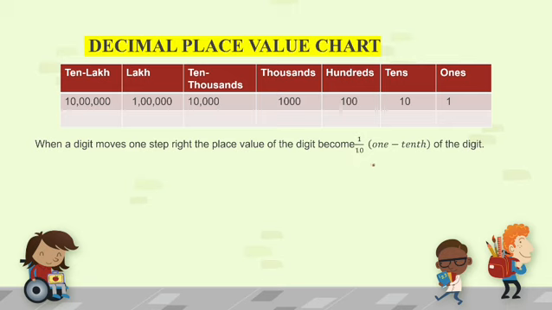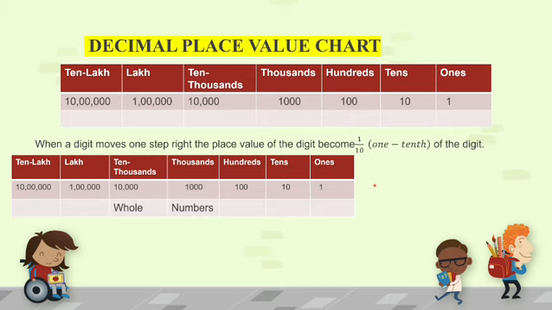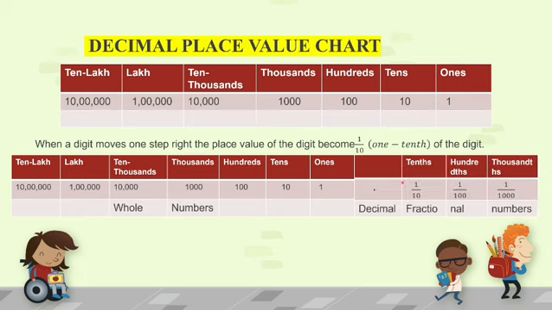So here, because we are talking about the decimal place value chart, your place value chart will extend towards the right, and it will represent the place values in the fractional form: 1 by 10th, 1 by 100th, 1 by 1000th, and it will proceed further, 10,000th and so on.